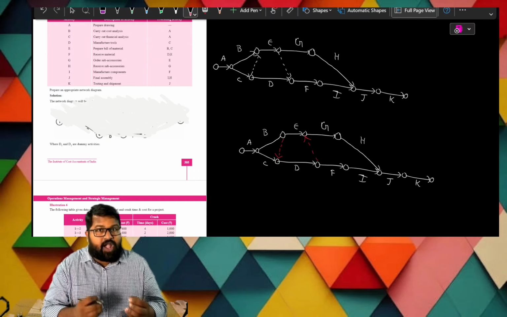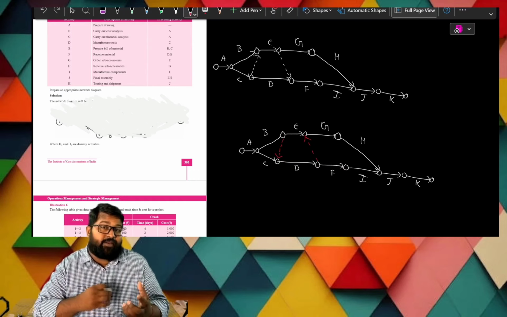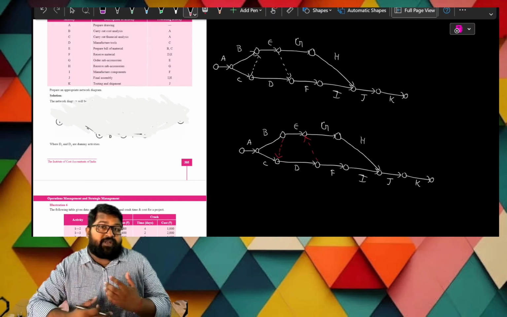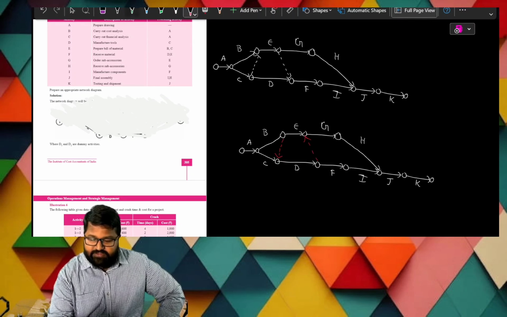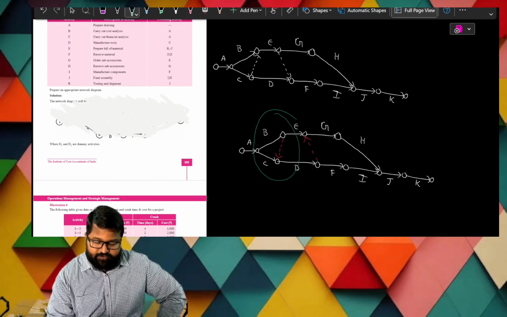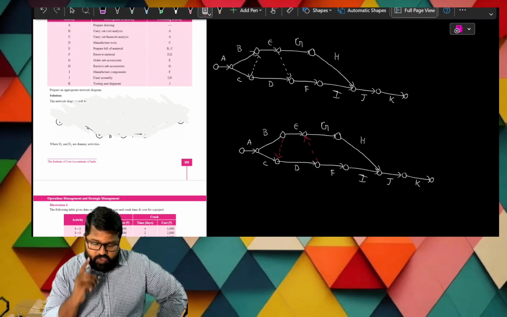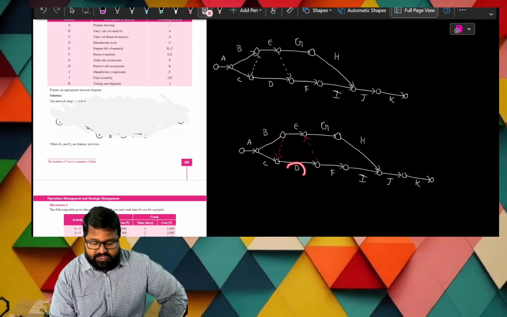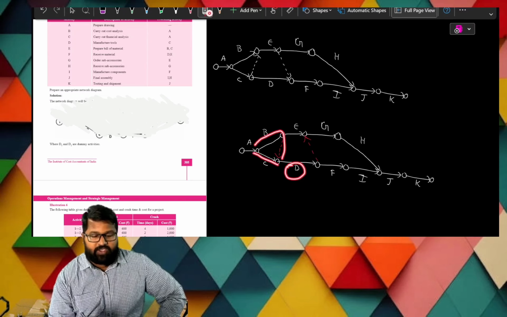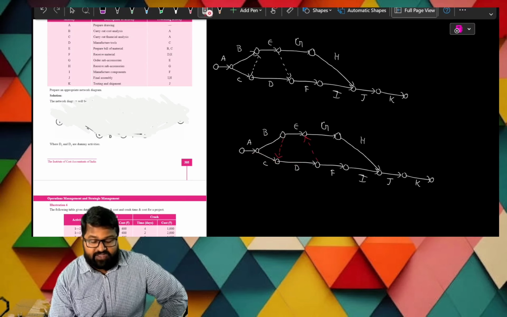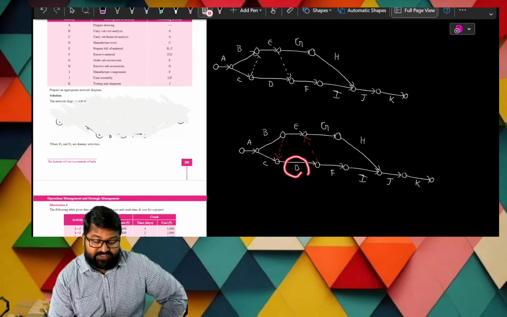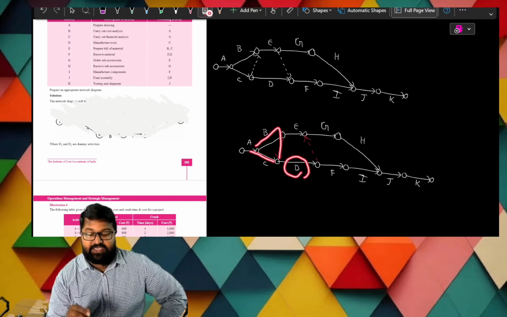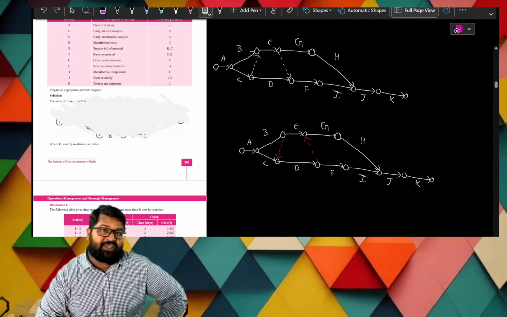What are the effects of changing the direction of the dummy improperly? Here D starts after the completion of B and C. But D is starting after B, C, is that condition mentioned in the diagram?